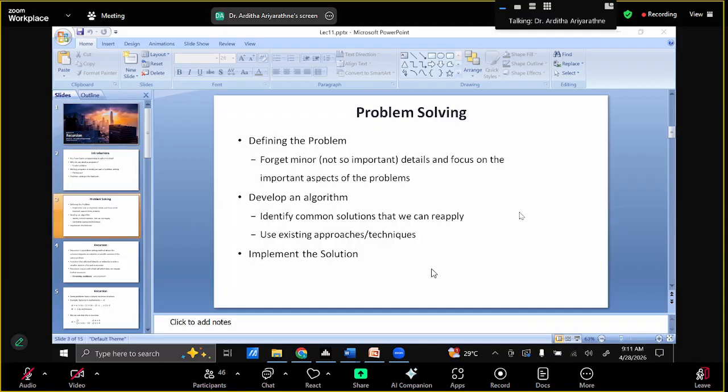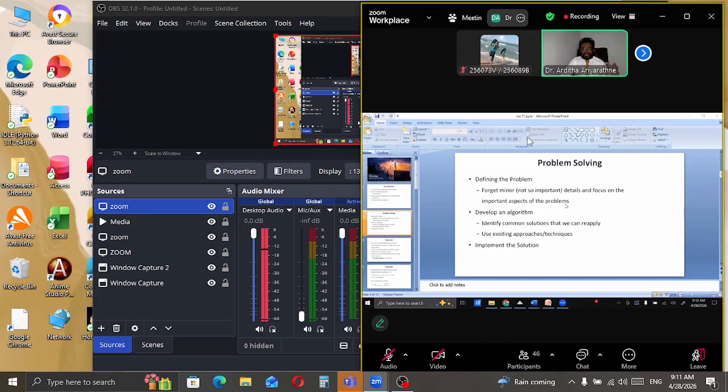In problem solving, we learned very early that there are some steps for developing a solution. First of all, we want to define the problem. Defining the problem means forgetting minor, not so important details and focusing on the important aspects of the problem.